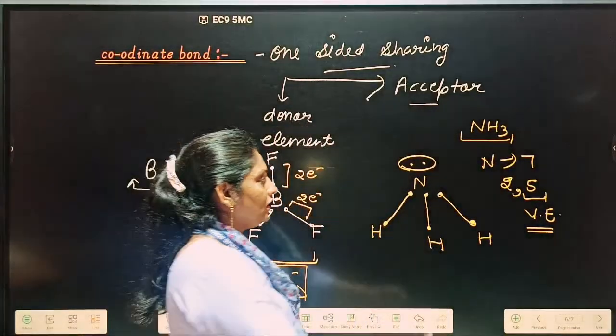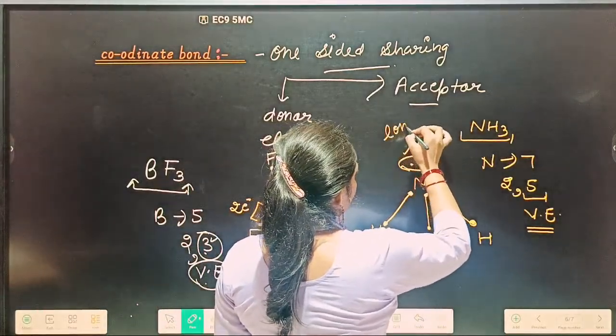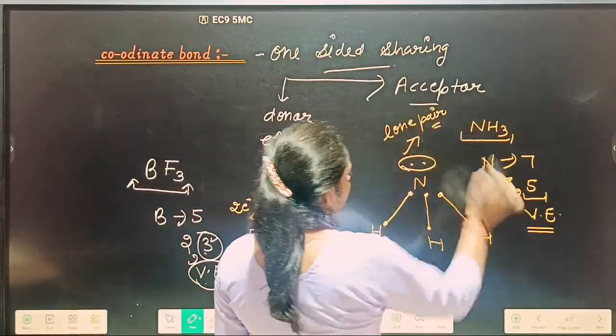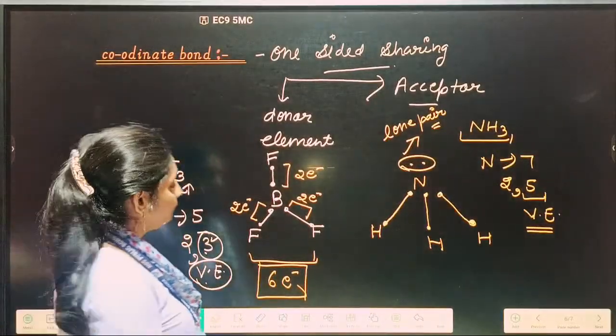A lone pair is a pair of non-bonded electrons. This is the lone pair. What do you mean by lone pair? A pair of non-bonded electrons. So students, what may happen here?